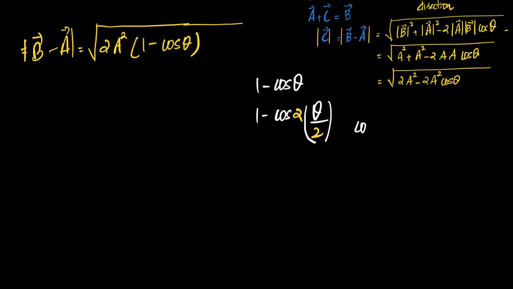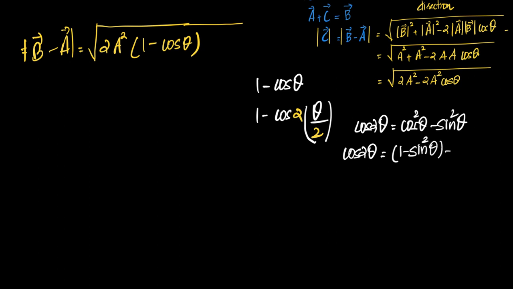Now, what is cos 2 theta? Cos 2 theta is cos square theta minus sin square theta. What is cos square theta? Cos square theta is 1 minus sin square theta. So this becomes 1 minus sin square theta minus sin square theta, which is equal to 1 minus 2 sin square theta, and therefore we can say that cos 2 theta is equal to 1 minus 2 sin square theta.